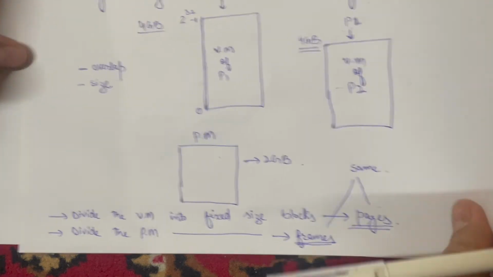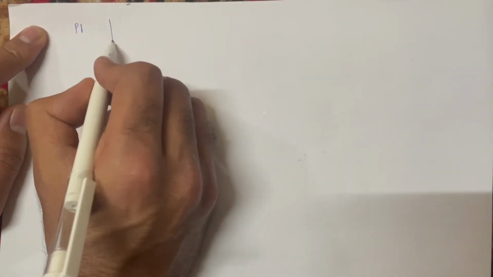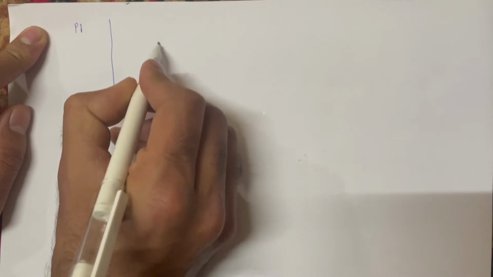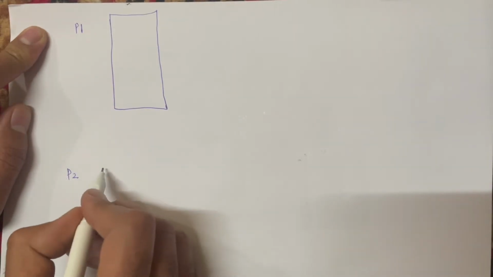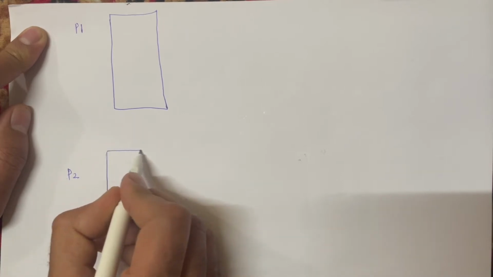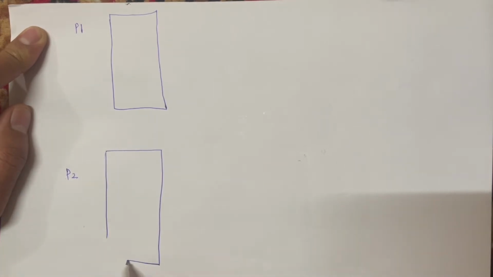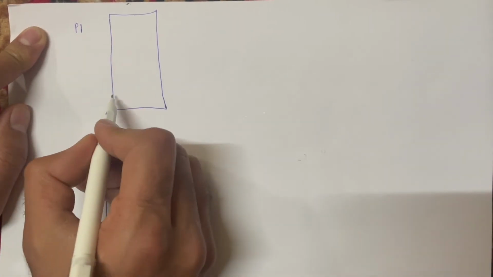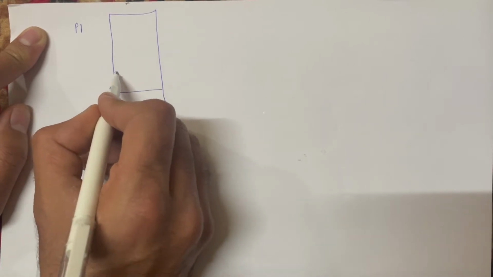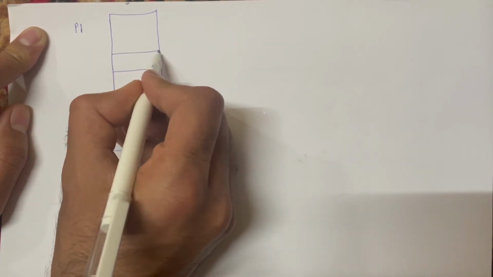So in the paging technique, if I have a process P1 and this is its virtual memory, and this is another process P2, it also has its own virtual memory. We are dividing the virtual memory of P1 into fixed size blocks called pages.